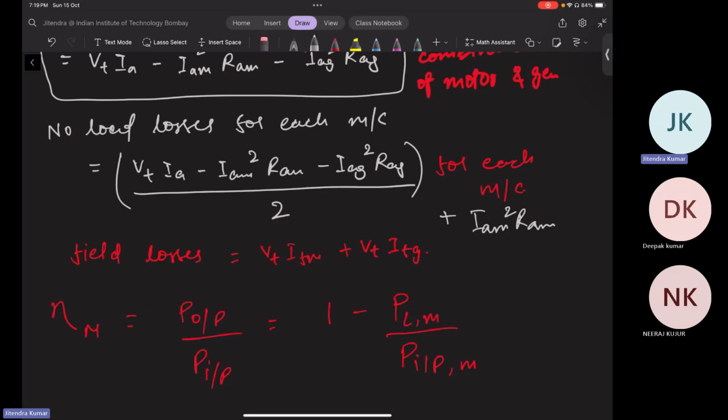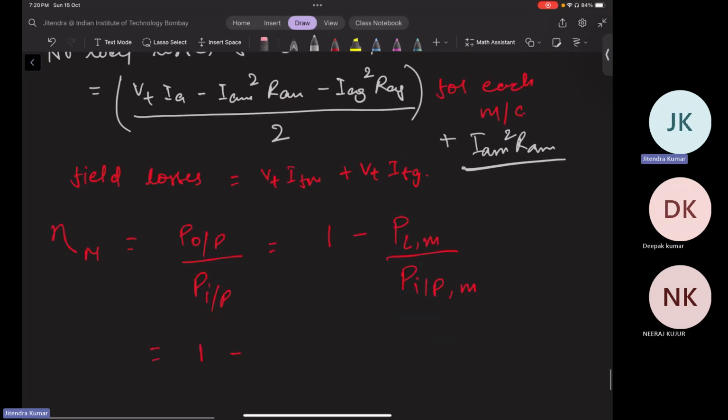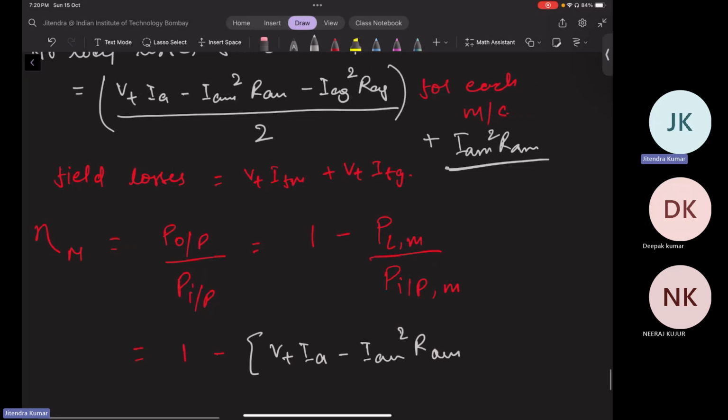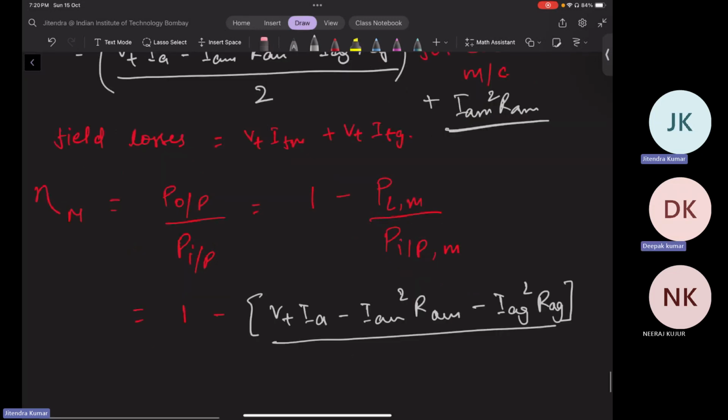Just pay attention here. If we add this component, I will get the total losses in the motor. So that's what I will do. VT into IA minus IAM square RAM minus IAG square RAG by 2.